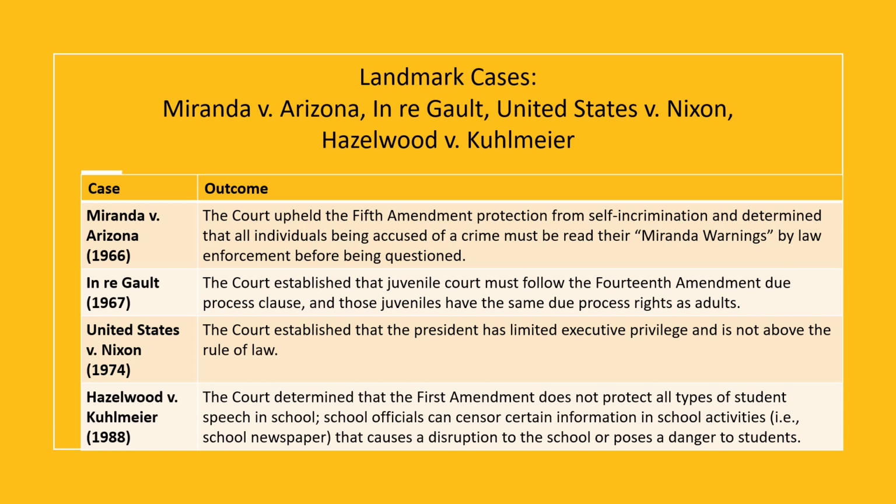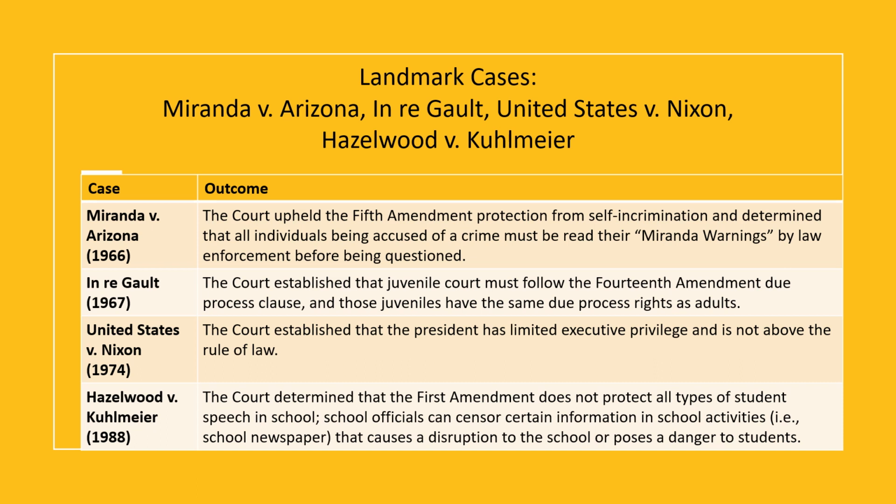But the second part of the Miranda warnings reflects the decision in Gideon versus Wainwright 3 years earlier in 1963, when the Supreme Court determined that if a person could not afford an attorney, the government had to provide them with an attorney. So that's the Miranda warnings, and that's the outcome of Miranda versus Arizona.